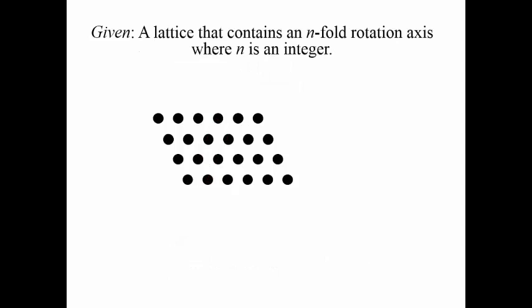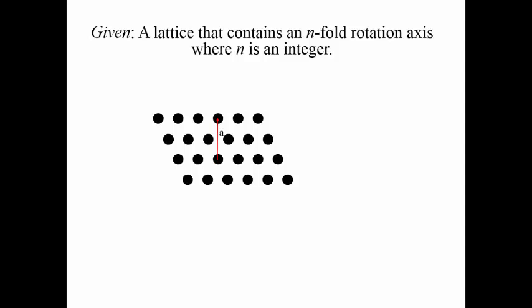So now, here is what we're going to start out with. We're going to start out with a lattice that contains an n-fold rotation axis, where n is an integer. So the only limitation we have is that n must be an integer, and that we are talking about lattices, that is, these repeats. So let's make ourselves a little vector here.